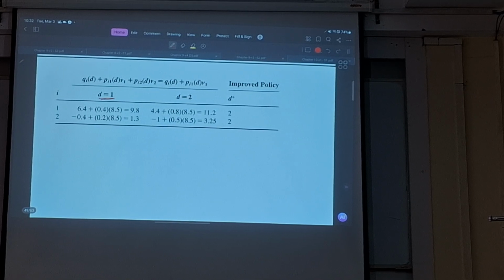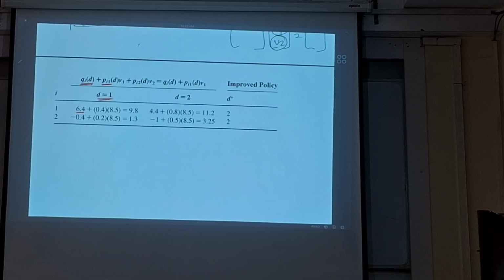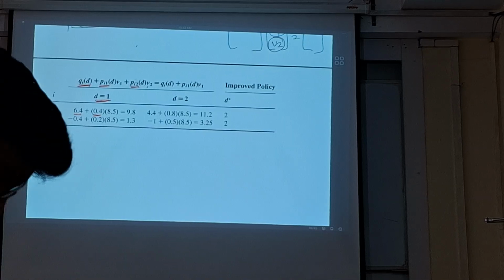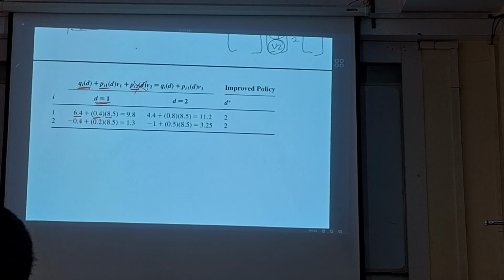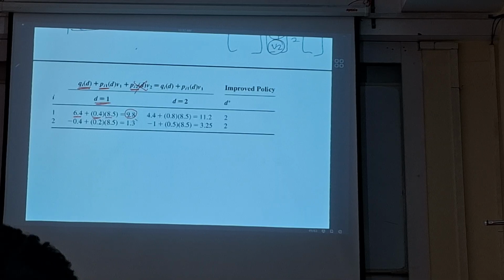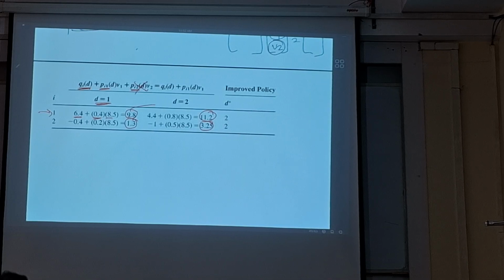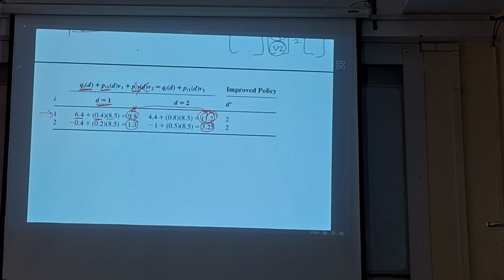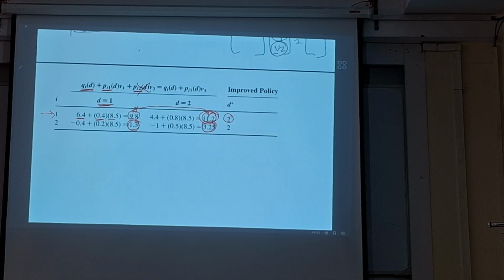When D is equal to 1, then Q1 is equal to 6.4, P11 is 0.4, P12 is, since V2 is equal to 0, we do not have this part, so P11 is multiplied by V1, and the value becomes 9.8, this value becomes 1.2, this is 11.2. We will see for a particular step what is the maximum. The maximum value is this one. We will calculate what policy is giving us this value.